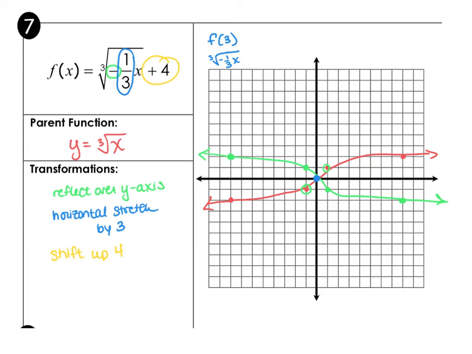Well, the 3 times negative 1/3 becomes negative 1. So I have the cube root of negative 1, which we know is just negative 1. So my x value of 3, 1, 2, 3, will give me a y value of negative 1. That gives me this point down here.